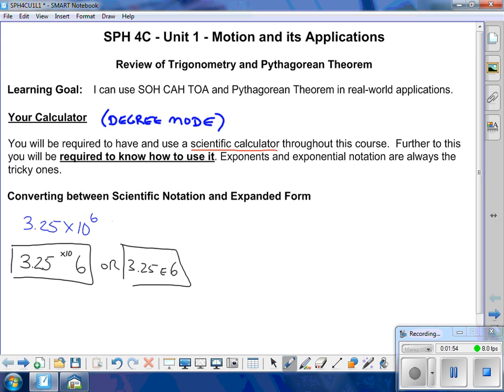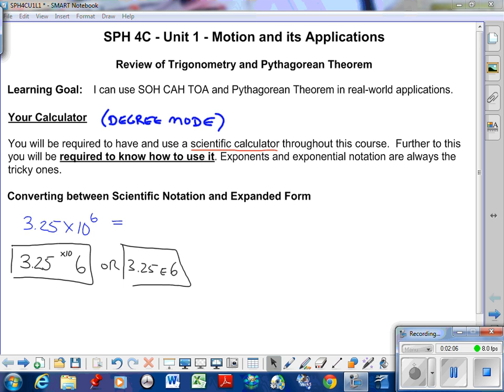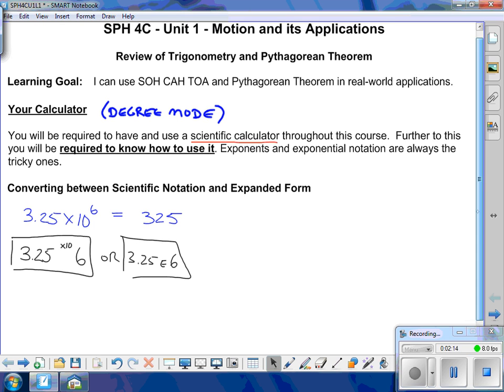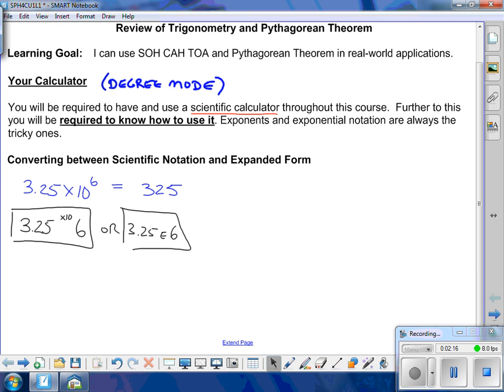So when we want to go to expanded form, or the normal notation that you're more comfortable with, the 6 indicates how far to move that decimal place across the number. So what I'm going to do, I'm going to write the 325, and now the decimal has to move 6 spots to the right because it's a positive.